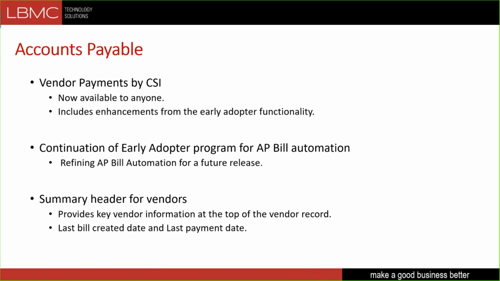So there is still an early adopter program for AP bill automation separate from CSI, and I'll go into more details of that. And then the vendor record has changed in AP. You'll notice some changes on the summary header, and I'll highlight those in a future slide.